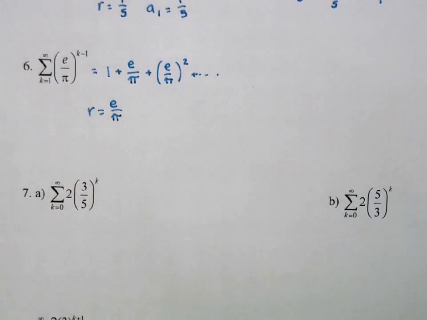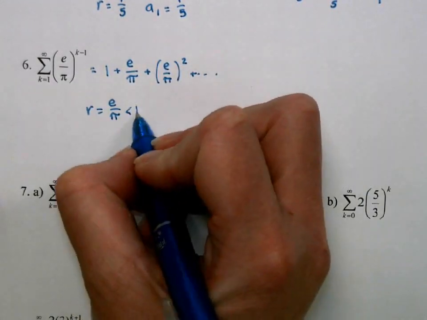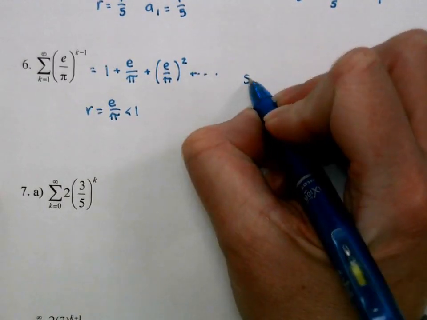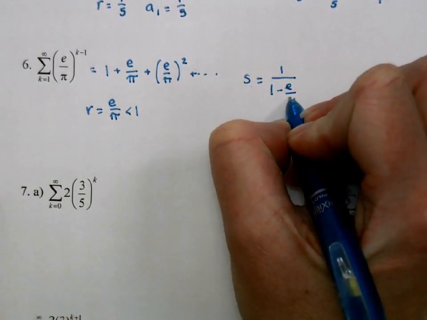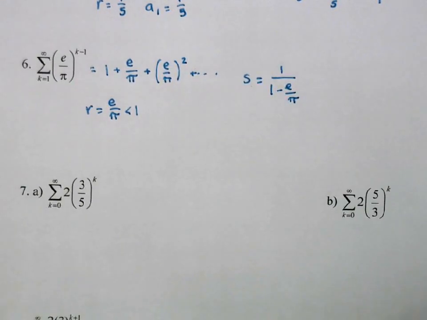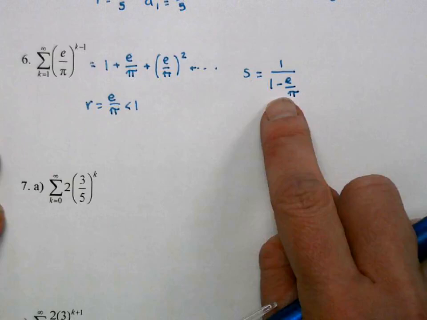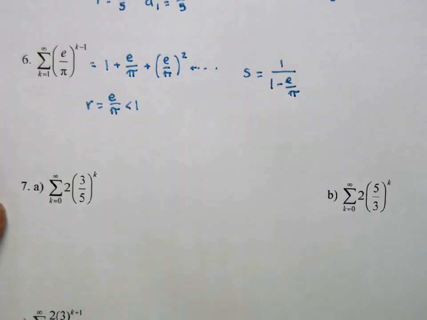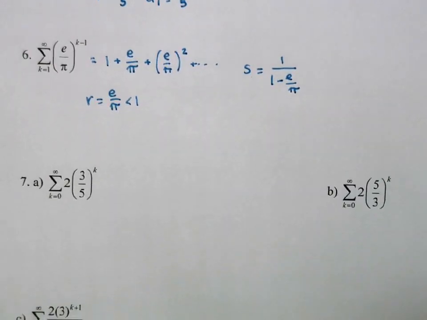Well, e is about 2.718, and pi is about 3.14, so this is less than 1. So we can use our sum formula. Now you could probably expect this to be on a multiple choice portion where your answer may be presented this way, or it may be presented simplified where you'd have to get a common denominator and such. But for our purposes, we can leave it like that.